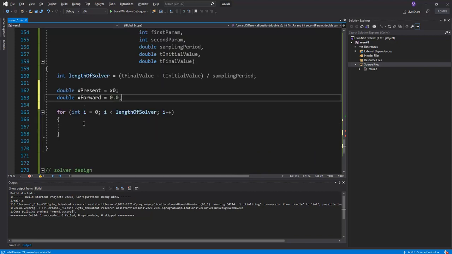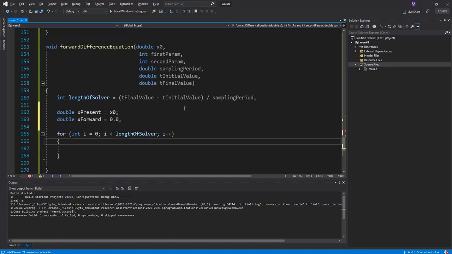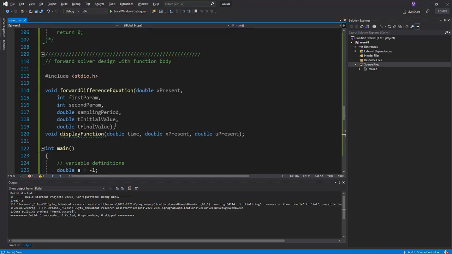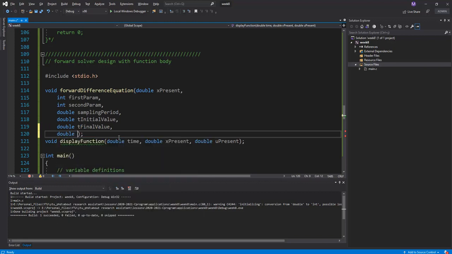And so we need to use every parameter in here, but the u present should also be given to these function blocks. So we should change the declaration of these, u present.